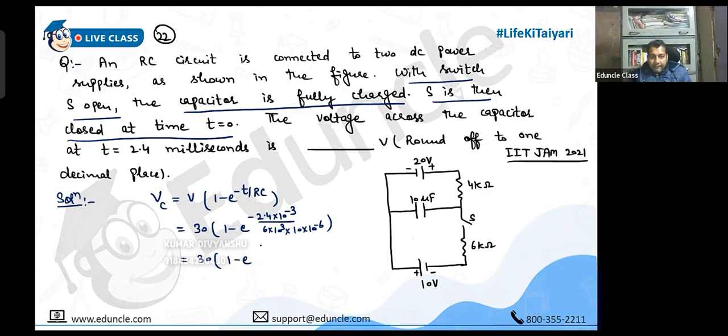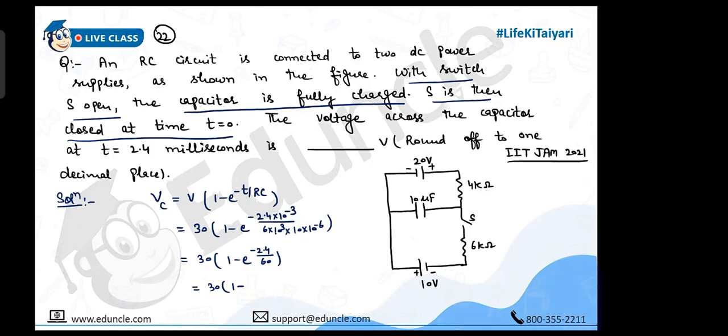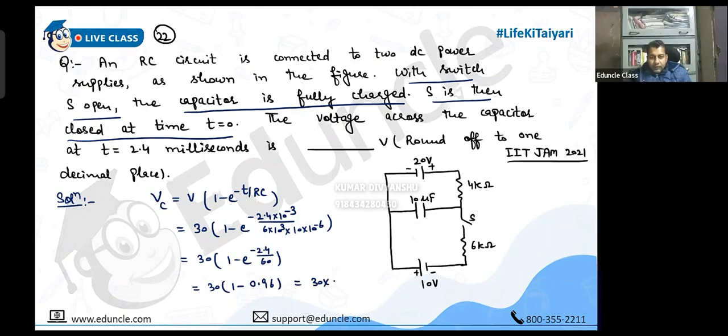So now you can solve it. What is this quantity? What is this value? 0.039. Total 1 minus result. So 30 into 0.039.